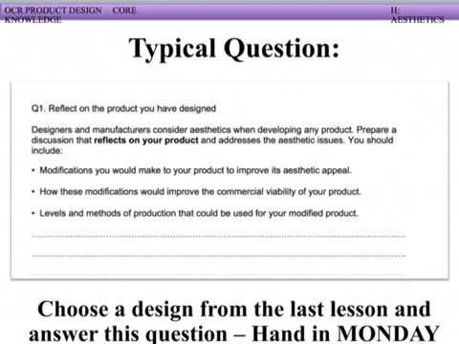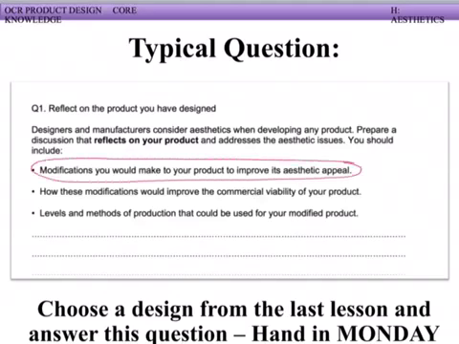You should include modifications you would make to your product to improve its aesthetic appeal, how these modifications would improve the commercial viability of your product, and the levels and methods of production that could be used for your modified product. Any discussion you have regarding the modifications must relate to the terms that we have just covered.